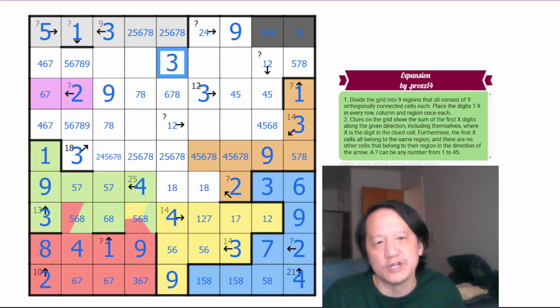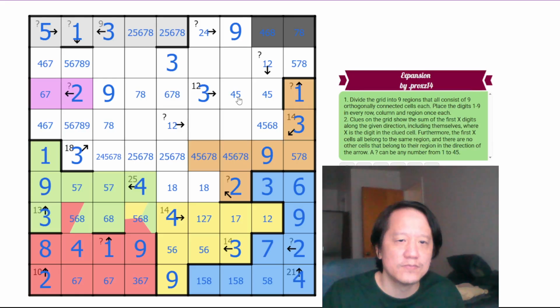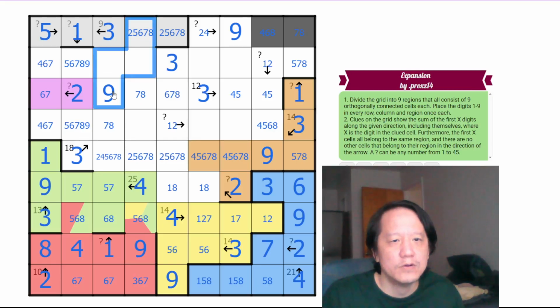So this is 3, which is not part of the light region, because we already have a 3 in the light region. Oh. This is very closed off then.